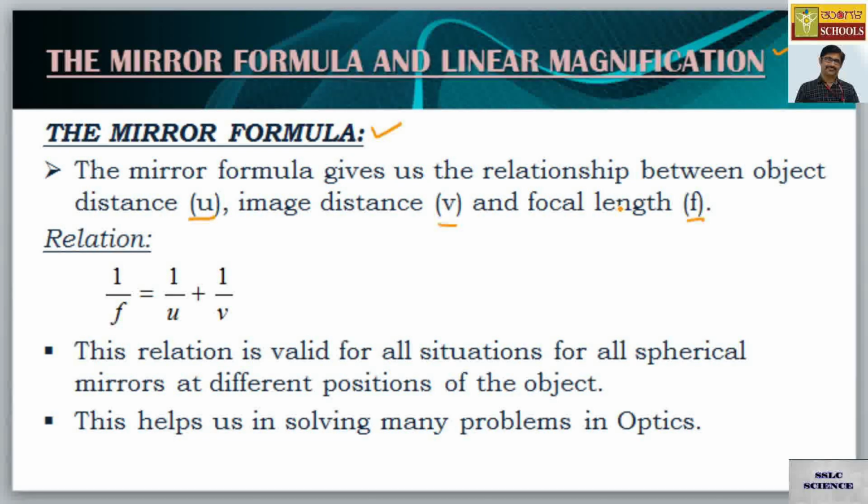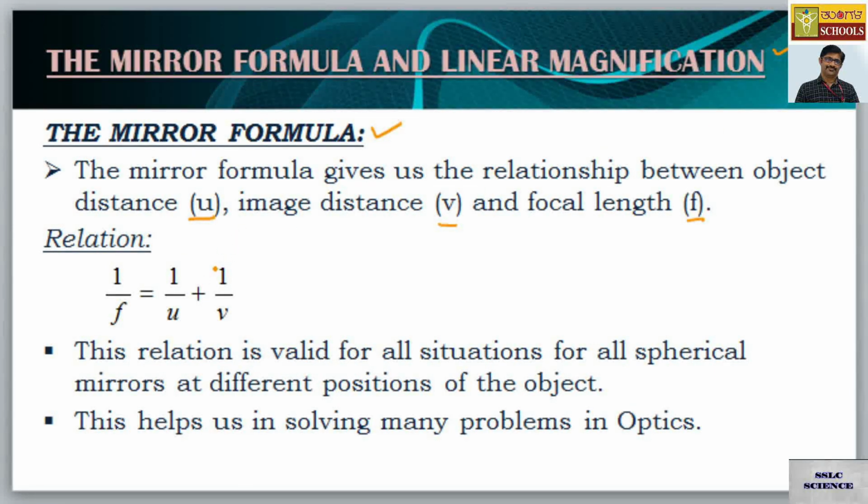Image distance is the distance between the pole of the mirror and the image. Focal length is already known: the distance between the principal focus F and the pole of the mirror P.